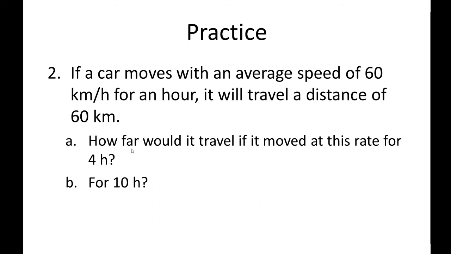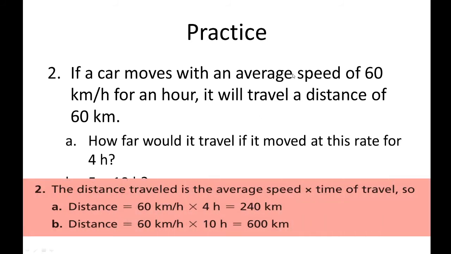So if you cross multiply speed equals distance over time, you will get distance equals speed times time. So the same formula for B, because we are asked how far would it travel in 10 hours. So the solution would be distance is equal to 60 km per hour times 4 hours, and we have this 60 km per hour times 10 hours.